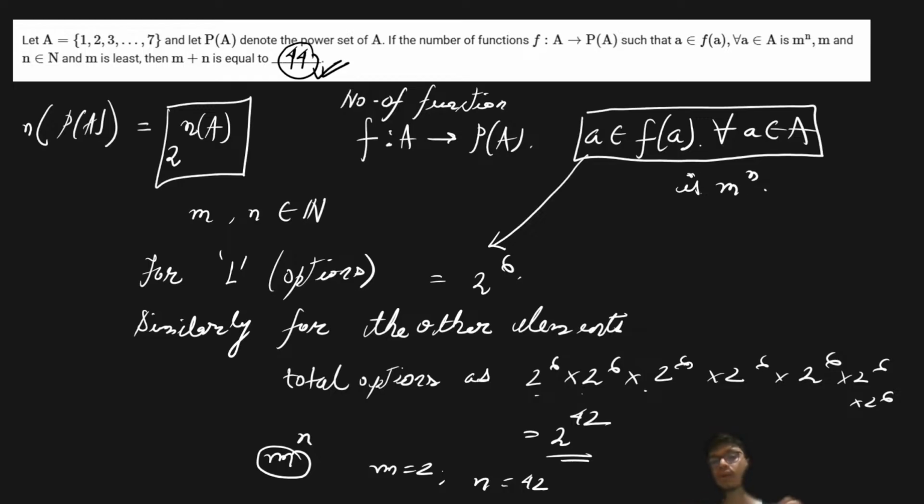For 1 there are 2 to the 6, similarly for 2 and 3, and so on. For all 7 elements we have 2 to the power 6 options, and in total this equals 2 to the power 42, which is the total number of functions given as m to the power n. With that I got the value of m plus n equal to 44.